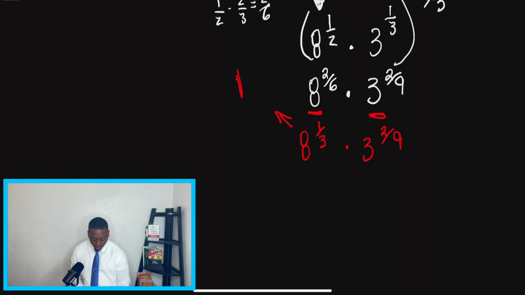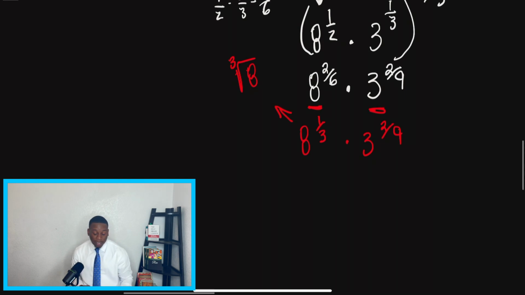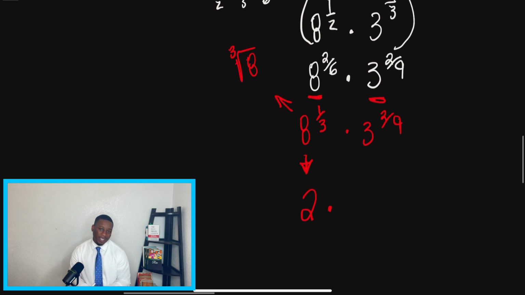So 8 to the 1/3, guys, is the same thing as taking the cube root of 8. And we know 2 times 2 times 2 gives us 8. So 8 to the 1/3 is going to change to just 2, right? And at this stage, we can't really simplify 3 to the 2/9.